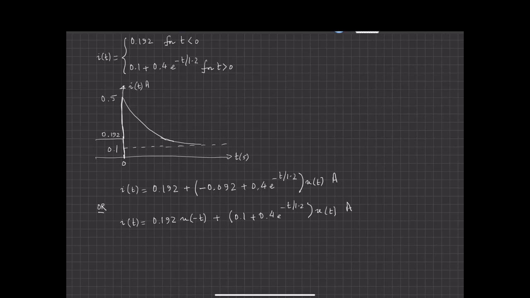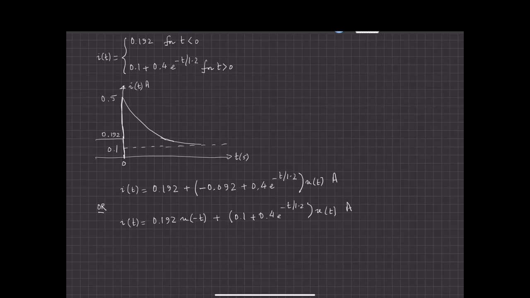What is u of minus t? Well, u of minus t is unity for positive argument. So it's unity for t less than 0, and it's 0 for negative argument, which means it's 0 for t greater than 0.